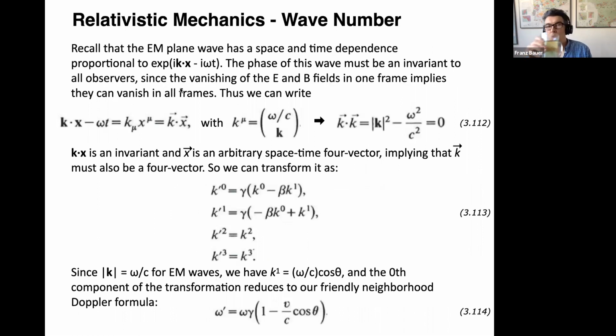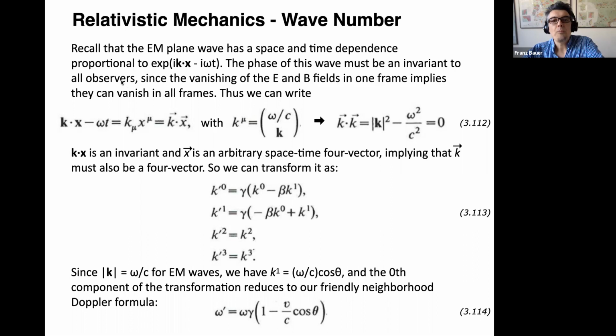So we can come back to how we would envision an electromagnetic plane wave moving in space-time. It has this sort of wave function, which would be the wave number here, which has some vector dot product with x, and then the time component.